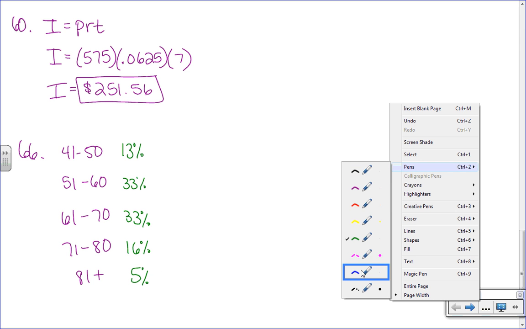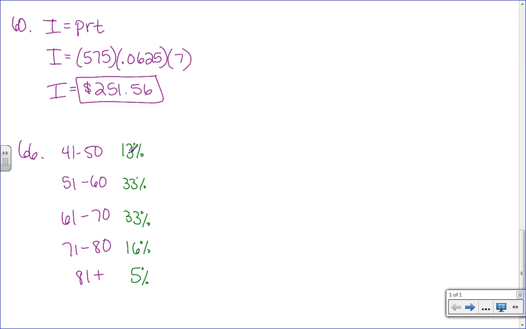So since degrees are out of 360, we can multiply each of these numbers by 360 to get the degrees. So we change this to a decimal, we do 0.13 times 360, and we get that this is 46.8 degrees. Same thing here, we'll do 0.33 times 360, and we get that that is 118.8 degrees.